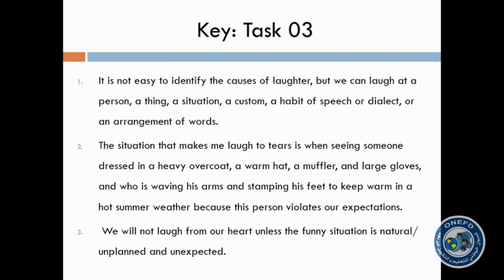So here you have these 2 sentences. They are linked together with the word unless, and we use unless to express a condition, but in a negative way, and we can replace it with if not.